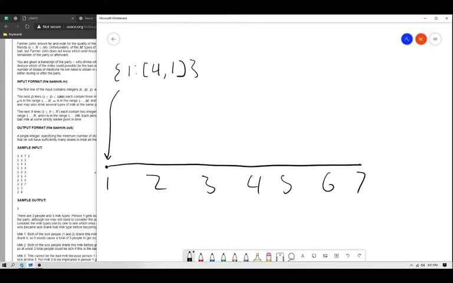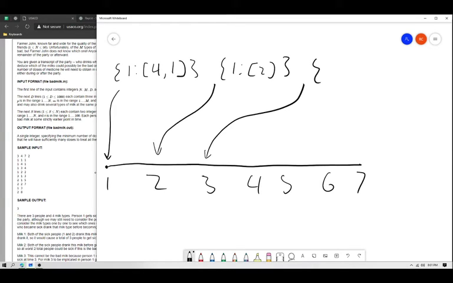Now time 2: person 1 drinks milk 2. Now time 3: person 3 drinks milk 1.